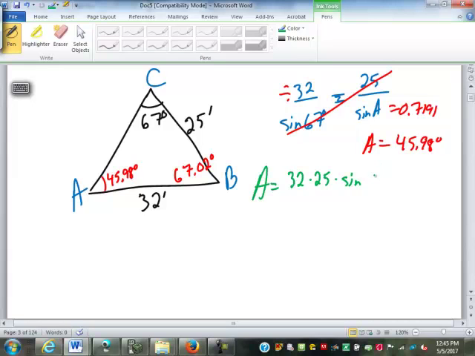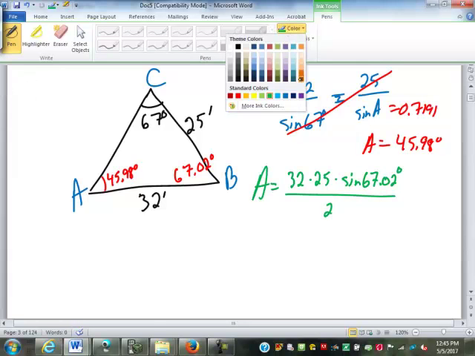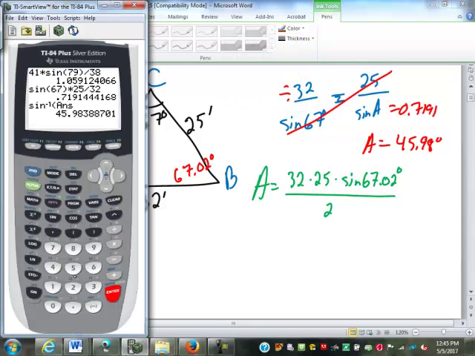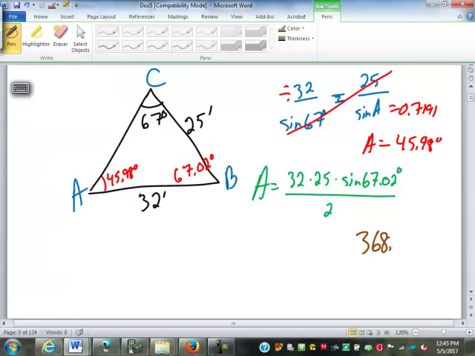Perfect. 32 times 25 times the sine of 67.02 degrees over 2. That gives $368.26. What's my units? Feet squared. There you go.